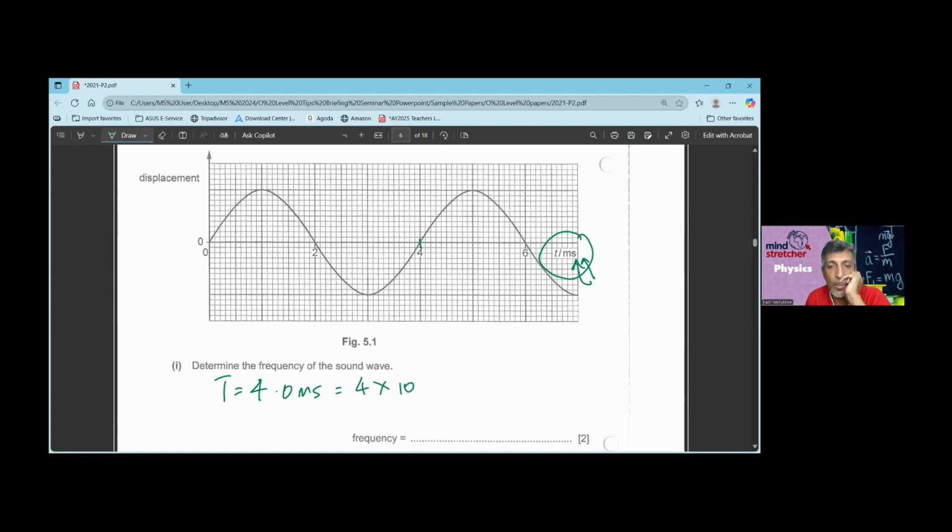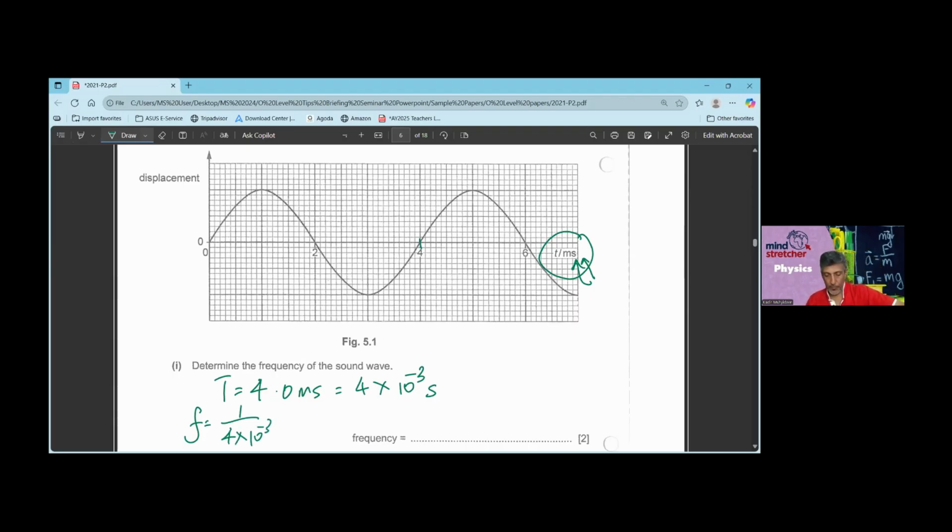4 times 10 to the power minus 3 seconds, milliseconds. So please be careful. The frequency is 1 over 4 times 10 to the power minus 3.